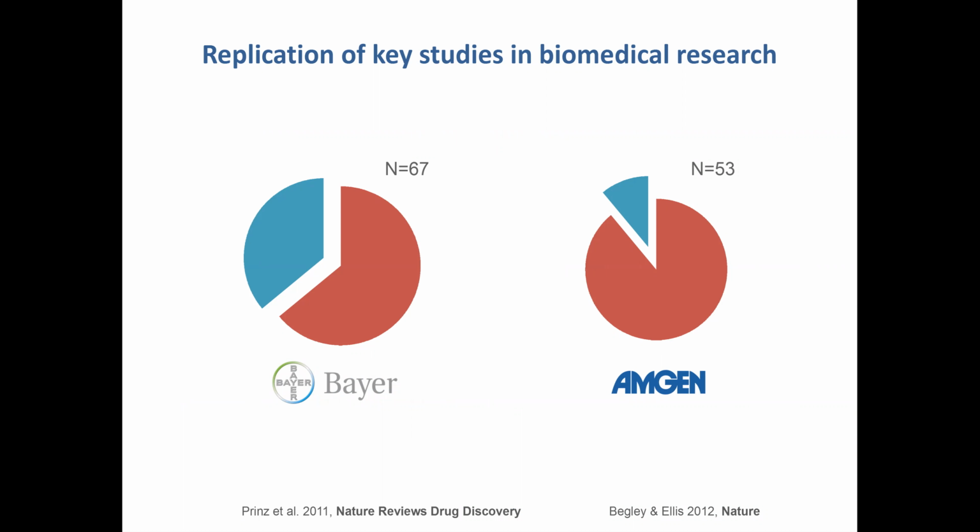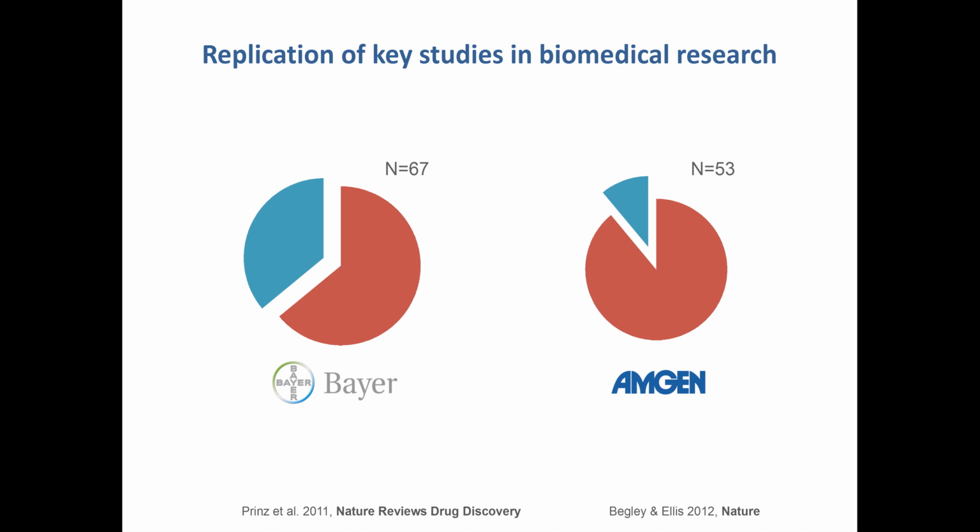This problem with reproducibility is something which has been haunting the scientific community for quite a while. In biomedical research, there were basically two key studies published about 10 years ago, which really changed the entire field. One was by researchers of Bayer, the other by researchers of another company, Amgen.